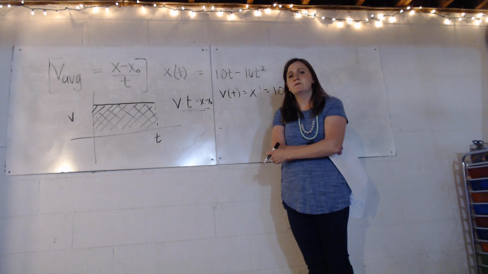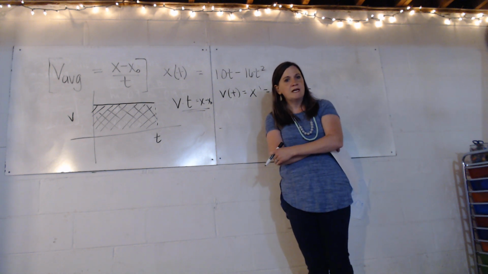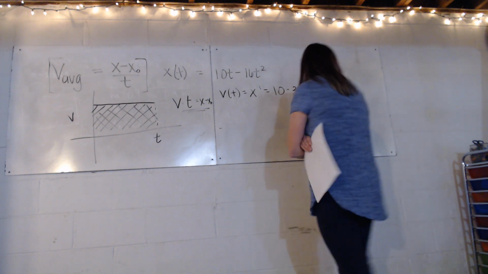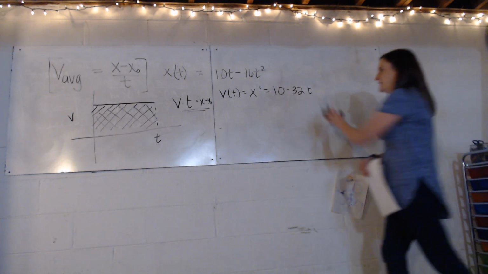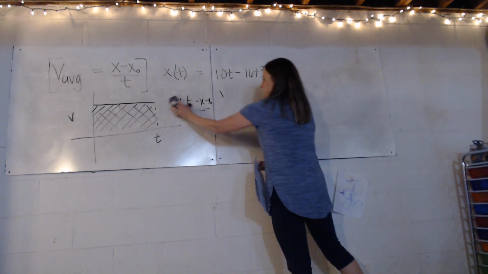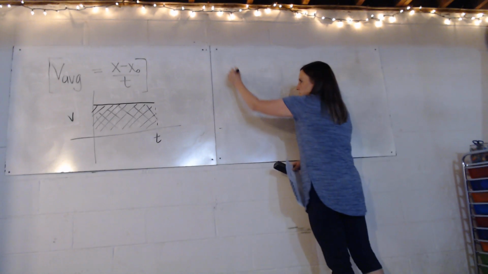What happens if the velocity is changing? And what happens if the velocity is changing in a nonlinear way? Then we have a much more complicated situation. I'm not going to use numbers, but let's just visually describe it.